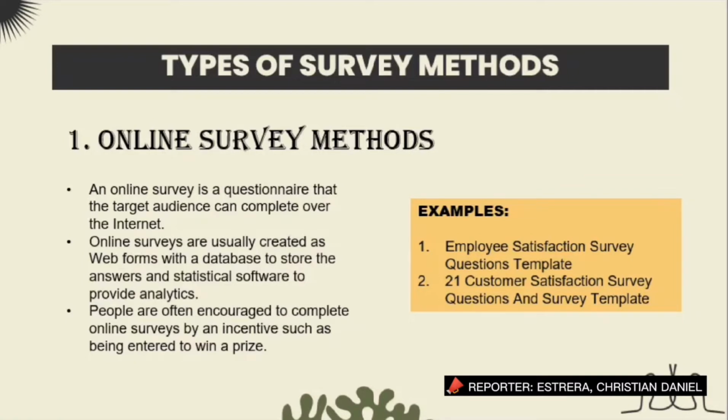In contrast to traditional surveys, online surveys offer companies a way to sample a broader audience at a lower cost. Samples of online surveys are the employee satisfaction survey questionnaire template and 21 customer satisfaction survey questions and survey template.